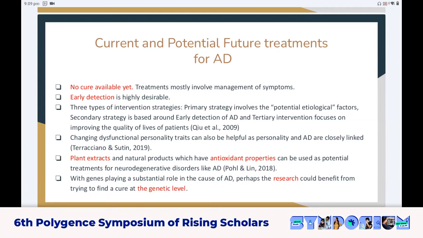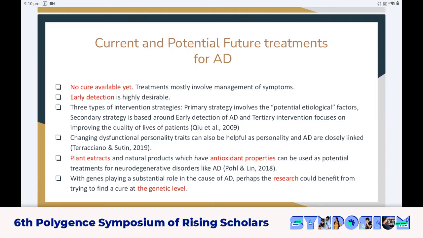The primary one involved the potential etiological factors, or the cause, and the brain regions that were affected, which could be monitored. The secondary was based around early detection, which, as described earlier, is key for management of symptoms at an earlier stage. And the tertiary ones focused on improving the quality of patients' lives.